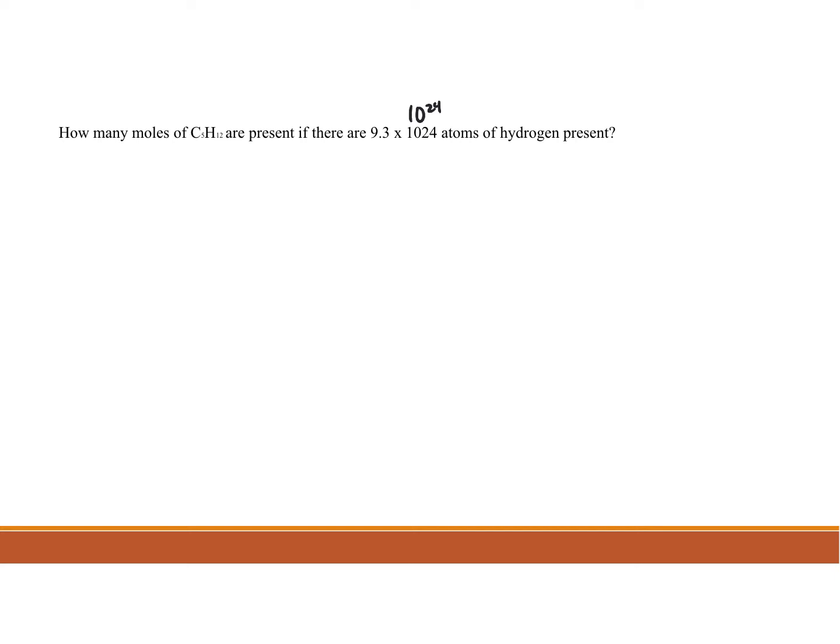So you should draw on your knowledge from the summer assignment as well as from honors chemistry that if you have 1 mole of something, that means you have 6.02 times 10 to the 23rd particles. So let's think about this right here.